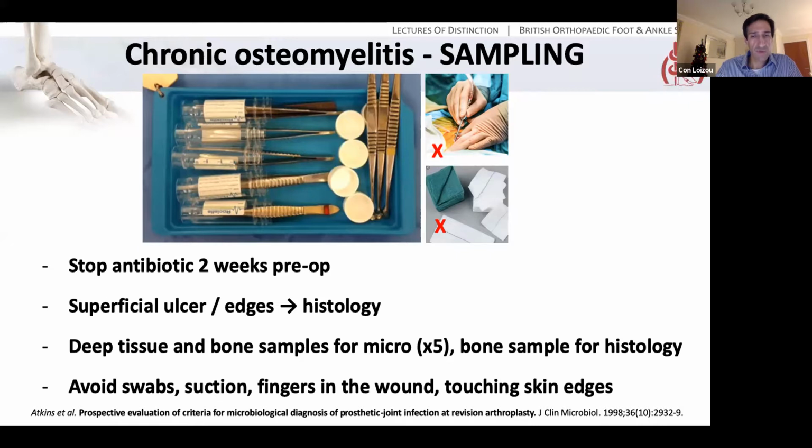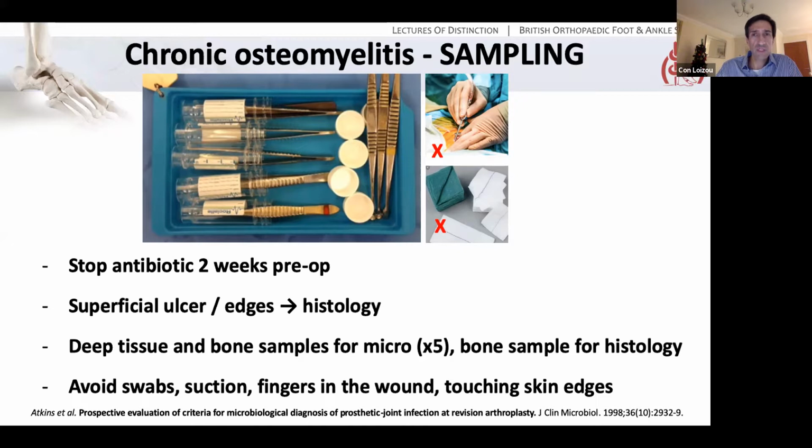And we came across a few cases of malignancy, such as epithelioid sarcoma and squamous cell carcinoma. Then we send deep tissue and bone samples for microbiology, minimum of 5, as well as a bone sample for histology. In our hospital, we have pre-packed forceps and scalpels for each specimen.